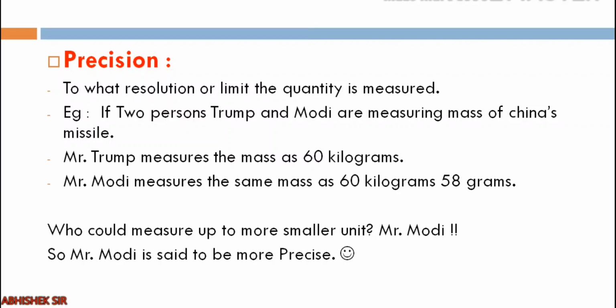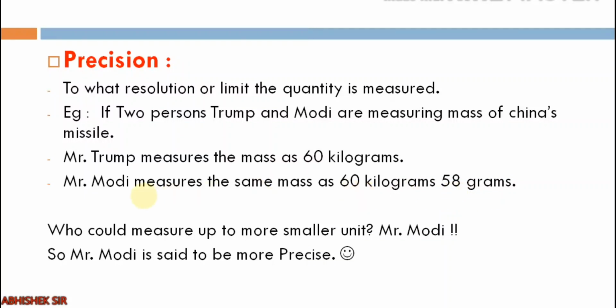Now here we have two great personalities. Suppose two persons, Mr. Trump and Mr. Modi, are measuring the mass of a missile, such a heavy missile it is. Mr. Trump measures the mass as exactly 60 kilogram. Remember, 60 kilogram. Now Mr. Modi takes the same measurement of the missile and his measurement comes out to be 60 kilogram and 58 gram, right?